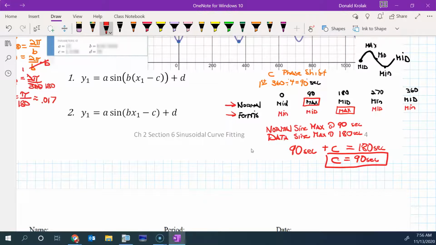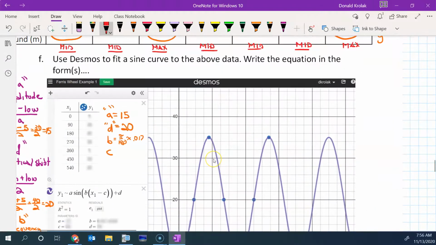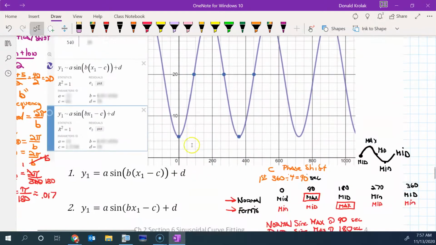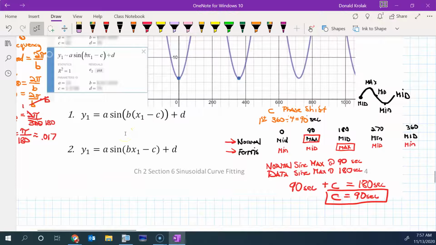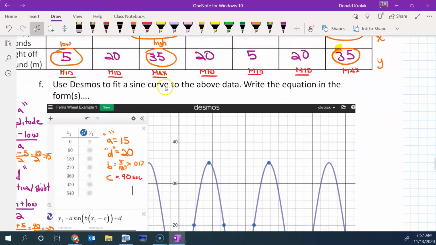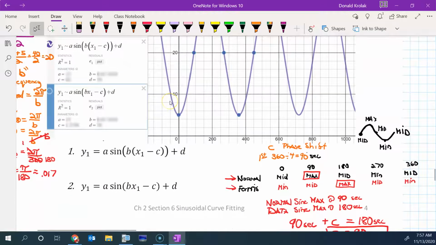All right, so by hand, our equation would look like, this is 90 seconds. Our A value was 15, sine.